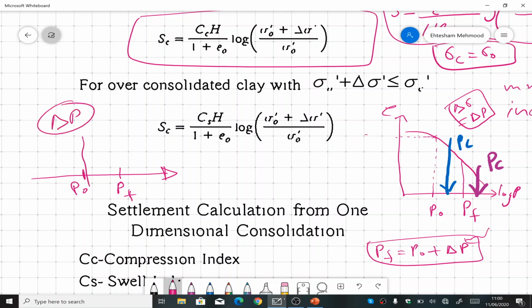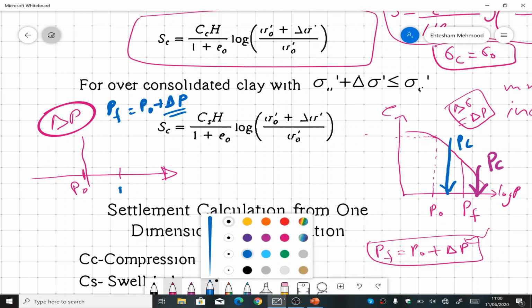So if the delta P is small enough, what will happen? P naught plus delta P, so PF is equal to P naught plus delta P. Let's say that this is PC.